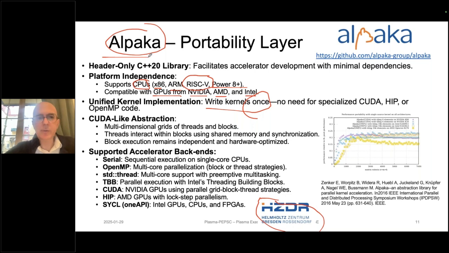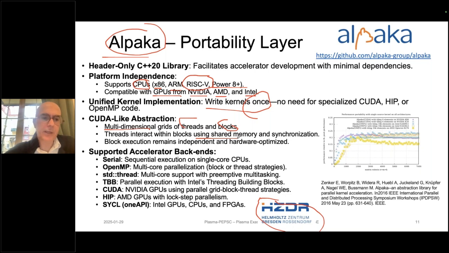The abstraction layer is very similar to CUDA and OpenCL. It provides abstraction of grids, threads, and blocks, and also mechanisms to interact with GPU shared memory and the typical synchronization part.